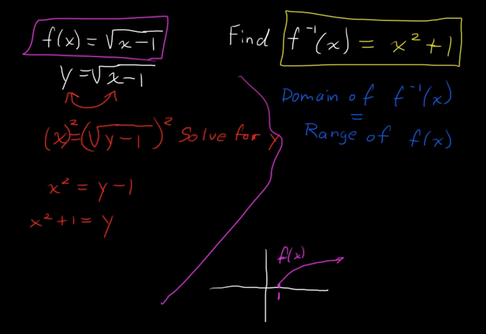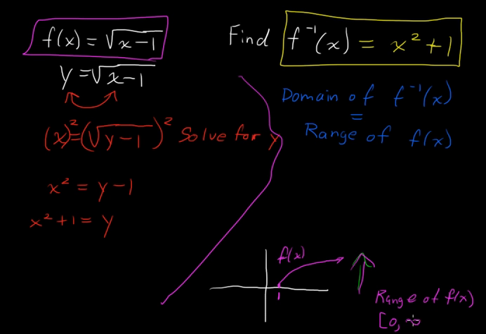And the range of the original function is all of these y values. So the range of f of x is all of these values, including 0, and then going on up forever, because it grows slowly, but it does grow forever.